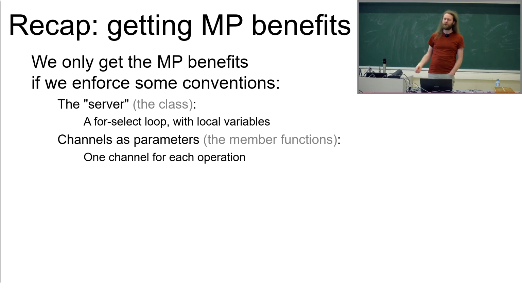Because if you're not doing anything, you can't be responsible for the changes because you're not changing it. And the other difference is that when you have channels as parameters, whoever is on the other side of the channel doesn't need to be exposed to all of the channels. They're only exposed to the one that they're using. We're going to get back to, in much more detail, exactly the differences between a process-oriented and an object-oriented program later on when we talk about testability in a couple of weeks.